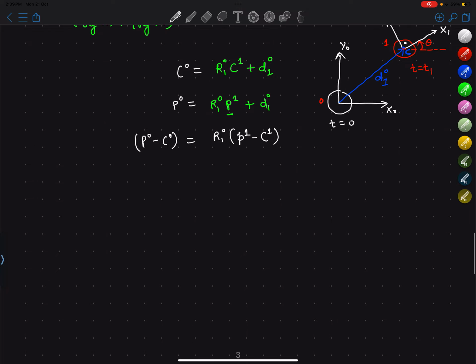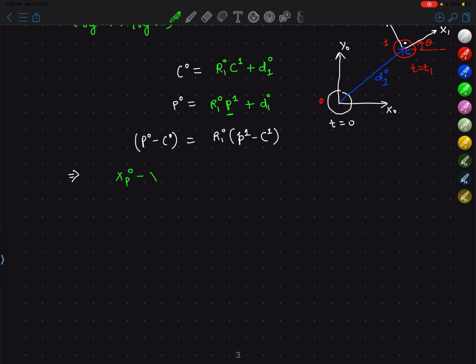Let's try to expand these matrices and vectors. So P naught minus C naught can be written as xp naught minus xc naught, and yp naught minus yc naught, where xp naught is the x coordinate of point P in frame 0.